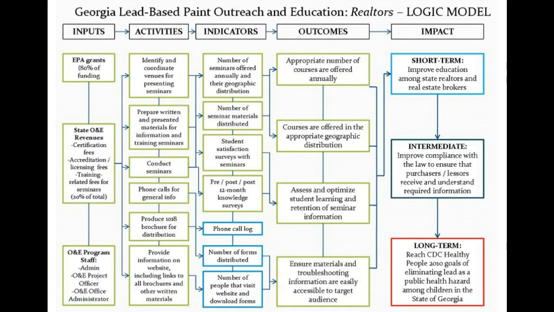Then short term, if we do these things, we expect that to improve education among state realtors, intermediate and long term. I encourage you to take a couple of minutes and read through this. Start at the long term, and if this is this, then how are we going to get there?